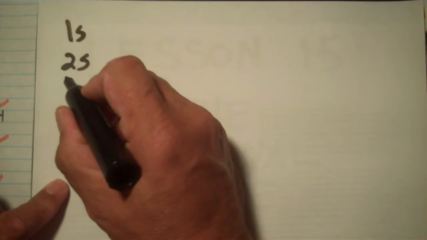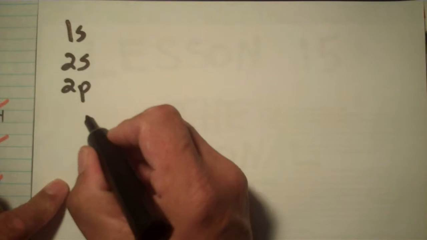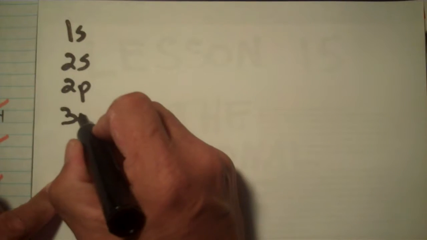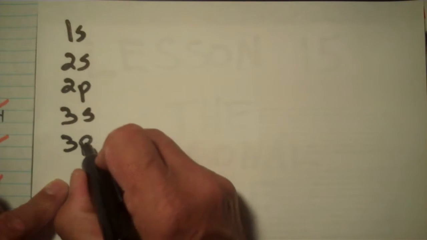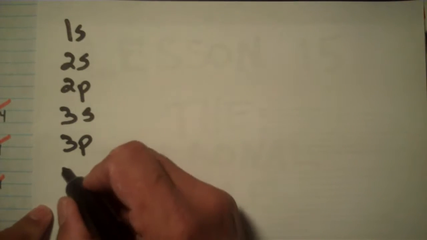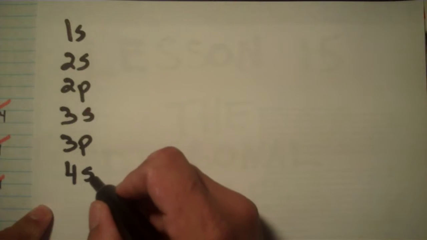Then the 2p. Then the 3s. Then the 3p. Follow along with me as you're going. Then the 4s, 3d, 4p, and that looks like it's enough for the screen that I'm on here.